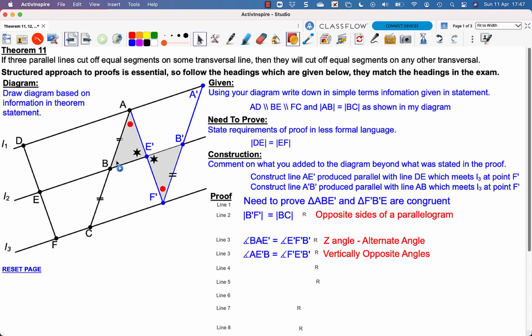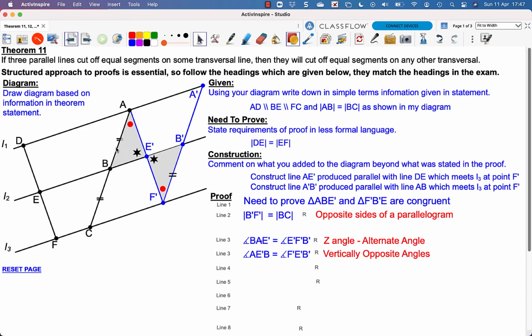Okay, so now there's this angle here. There are two ways of proving that this angle and that angle are equal. I can say they're the third angle in a triangle. That's one way. Or I could use what I did in the very first angle. That line and that line are parallel, and the line B to B dashed is the transversal.